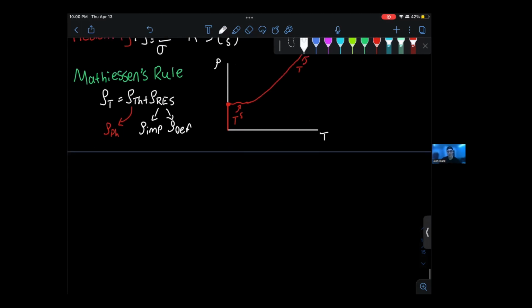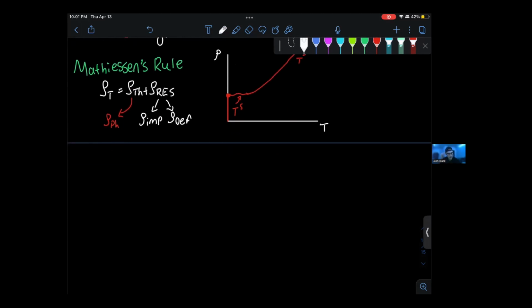Now, in short, there's two main rules that describe how resistivities work due to impurities. The first one is Lenz's rule. This states that the change in resistivity is proportional to the valency of alloying elements.